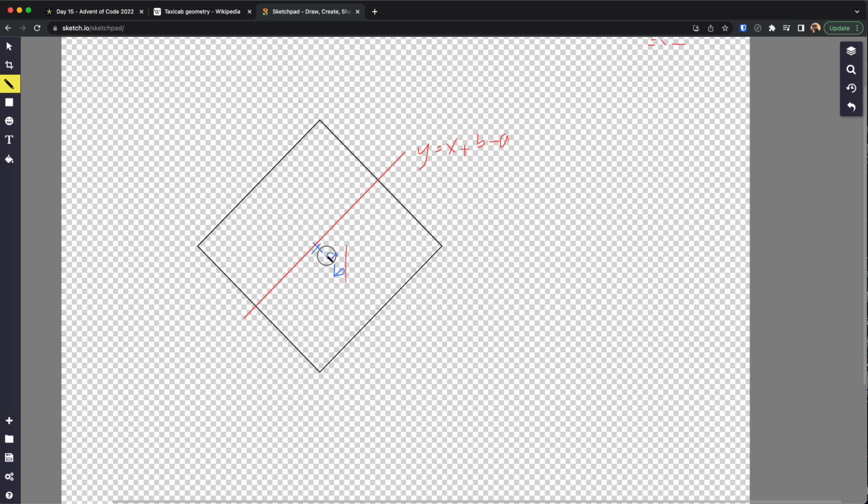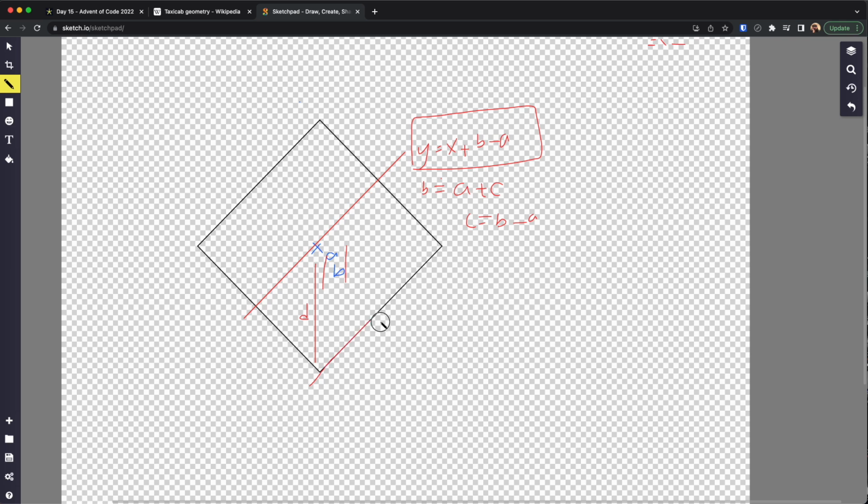Because this line is passing through this point, we could include this in the equation. So it will be b equals a plus some c, and the c will be b minus a. So the equation will change to this. This is for positive lines, and we know that the distance from here to here is d.